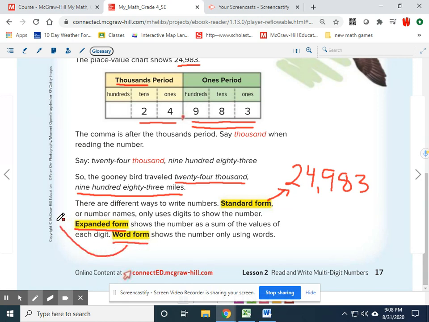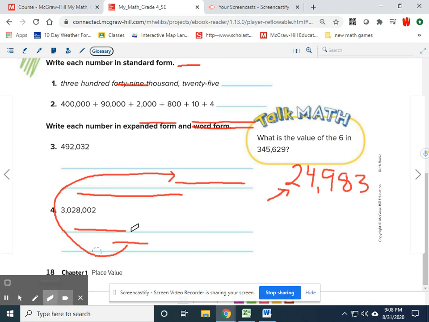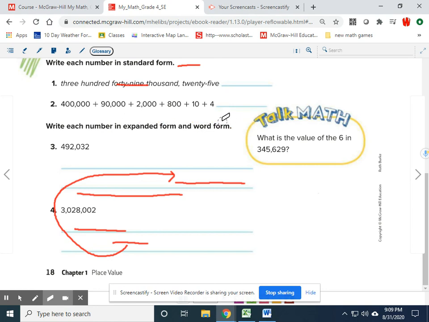Okay. So word form is that right there. And then we're going to go ahead here in a little bit and show you expanded form as well. So let's go ahead and go to the next page. Let me erase everything that's on there, and we'll get going.